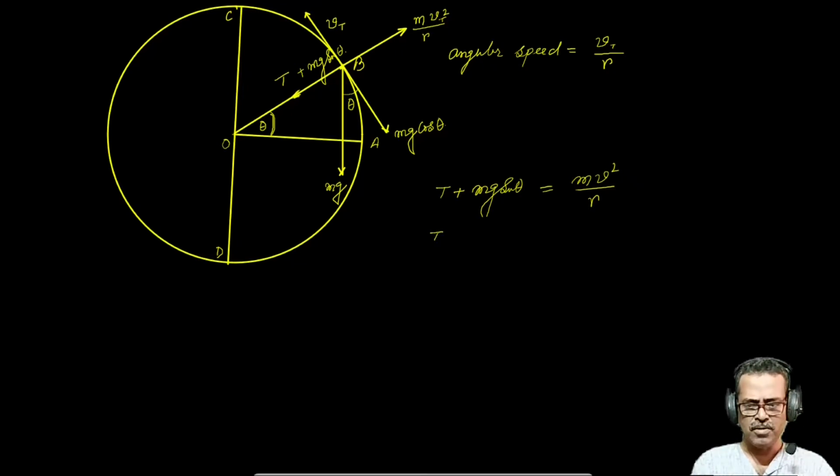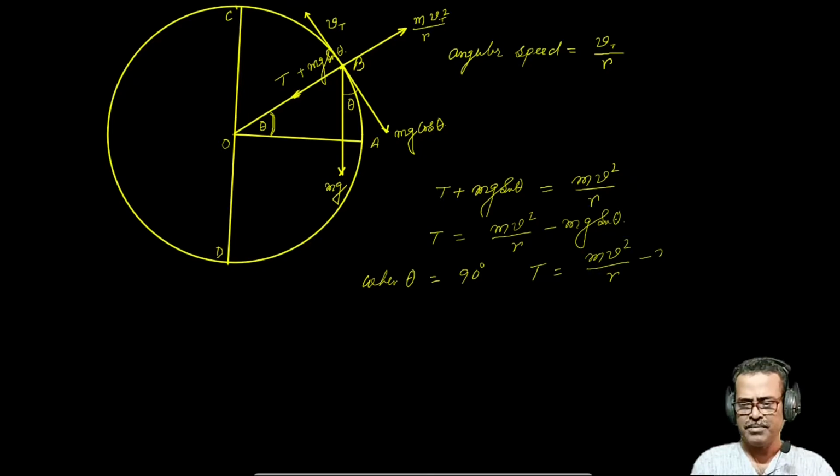Tension is equal to mv square by r minus mg sin theta. When theta is equal to 90, T is equal to mv square by r minus mg, because sin 90 degree is equal to 1.